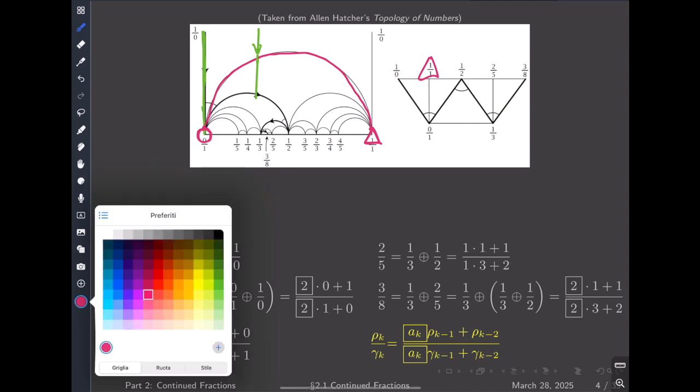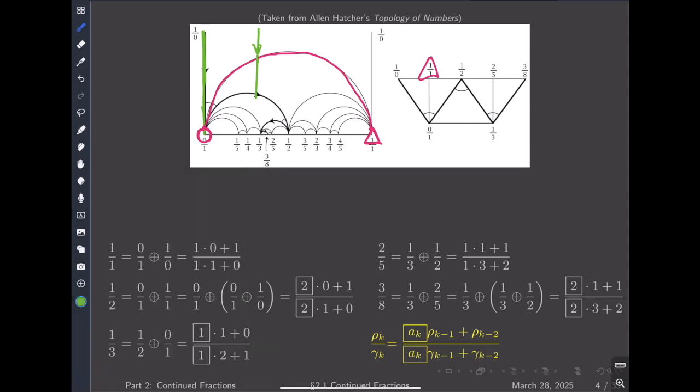Then, hopefully I understood your question correctly, I continue with the next crossing, which now is between the vertical geodesic and this Farey edge. I noticed that this Farey edge has one vertex that is old and the other that is new.